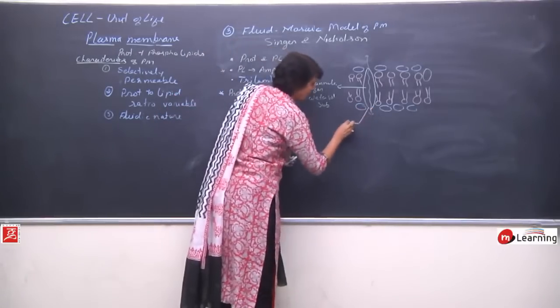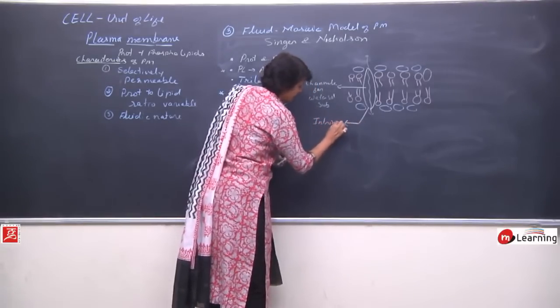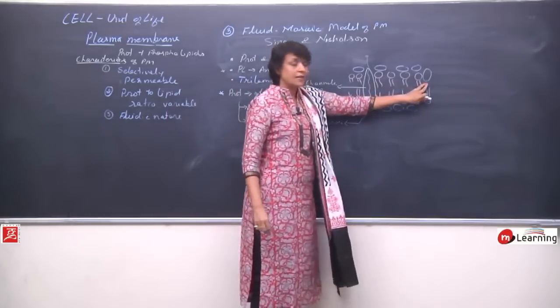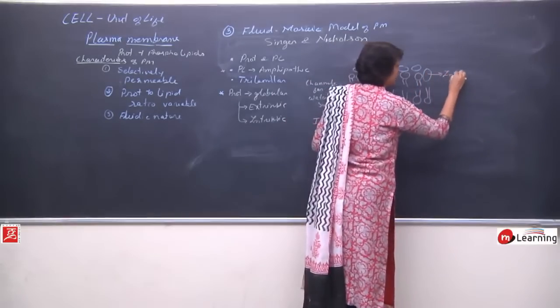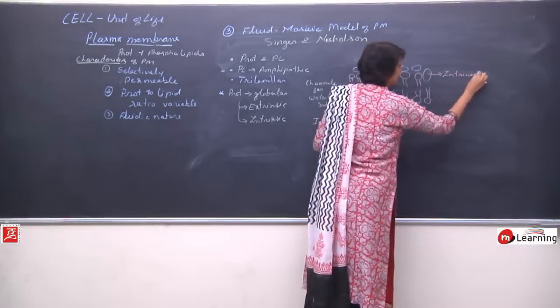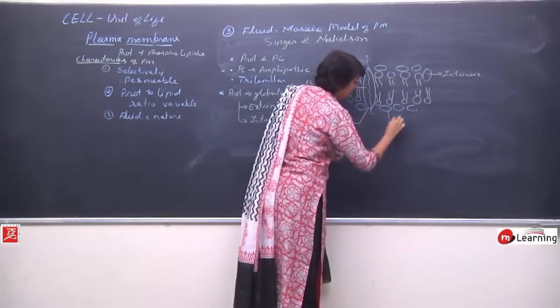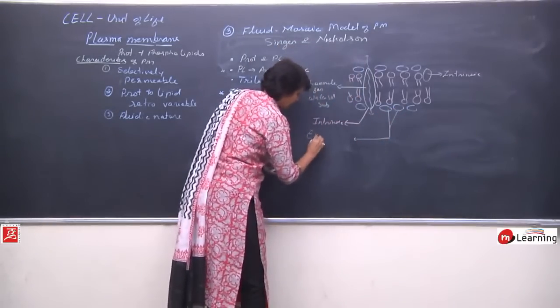This is actually an intrinsic protein. So this big protein which we have drawn here is intrinsic. This partially submerged is also an intrinsic protein, and the ones which are on the outer side, these are the extrinsic proteins.